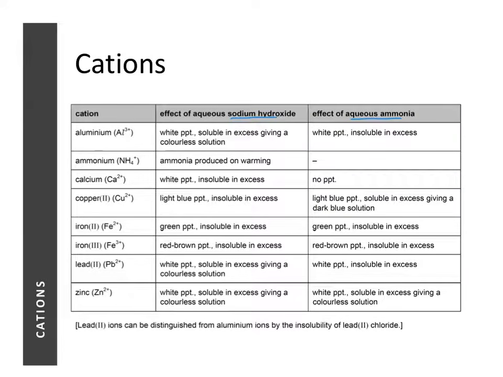what ions are present. For example, if now I have a solution that contains an unknown cation, I'm going to add aqueous ammonia to it, and on adding, I notice that there is a light blue precipitate formed.